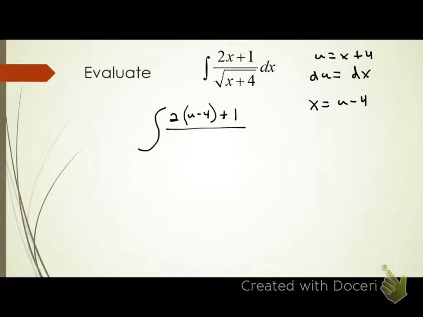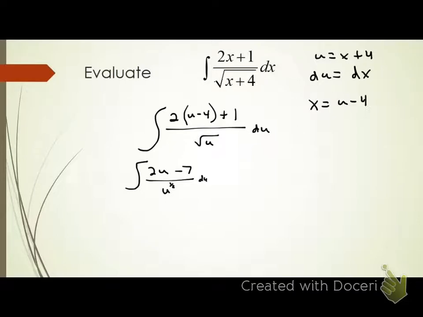So 2 times what's x? u minus 4. I'm recording myself. Over the square root of u, du. Okay. Let's distribute the 2 through and simplify. You guys feeling like you think you know where we're going? So this becomes 2u, negative 8 plus 1, I'm going to do this because I know you know that square root of u is the same thing as u to the 1/2, du.